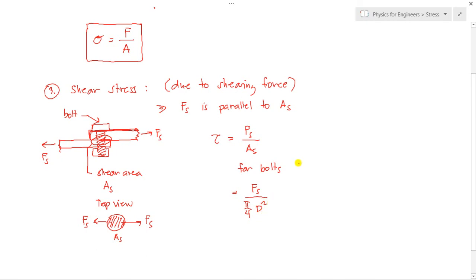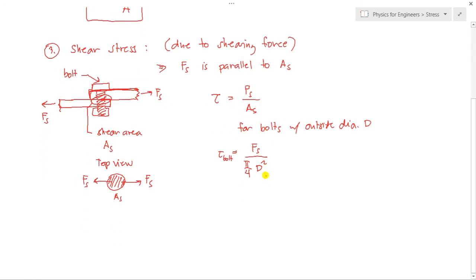So 4 bolts with outside diameter of d. So mana siya ang formula. Tau sa bolt is equals to Fs all over pi over 4 d squared. But it also depends upon the system or the diagram. And then kung naatay formulas for shear stress, nabot tayo lain nga formula po ani aside from this.